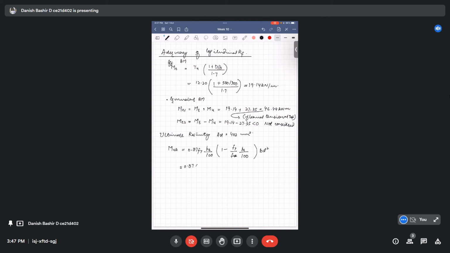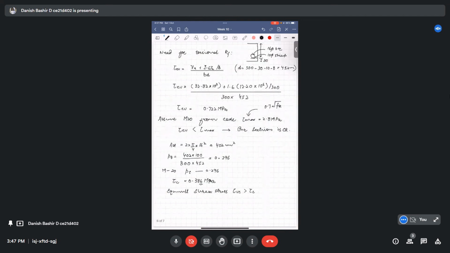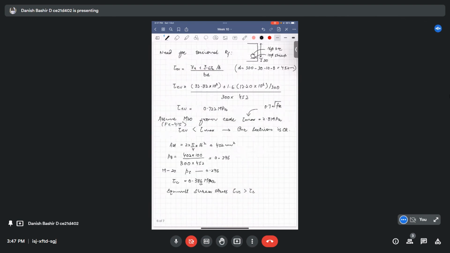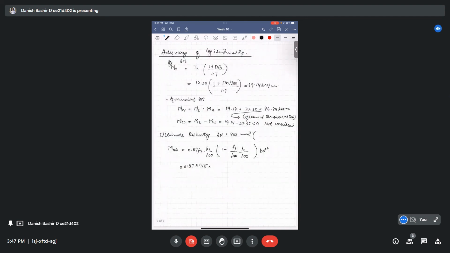0.87 fy is 415. Okay, I forgot to write it here: assume M20, fy is 415. Okay, 415 into Pt; we calculated Pt already as 0.296.